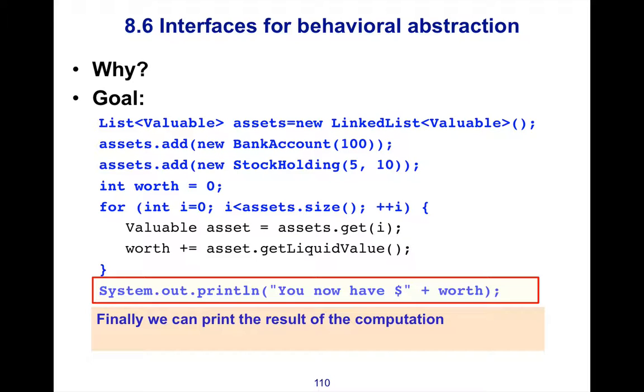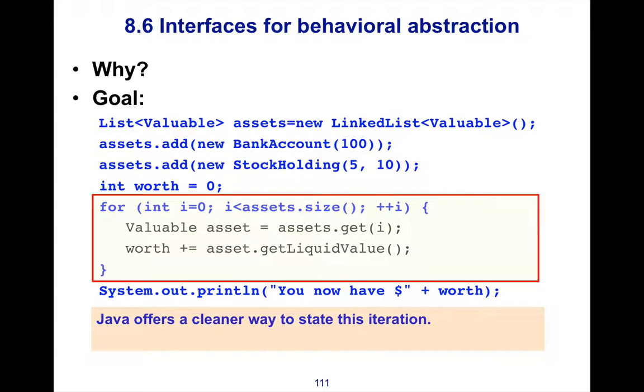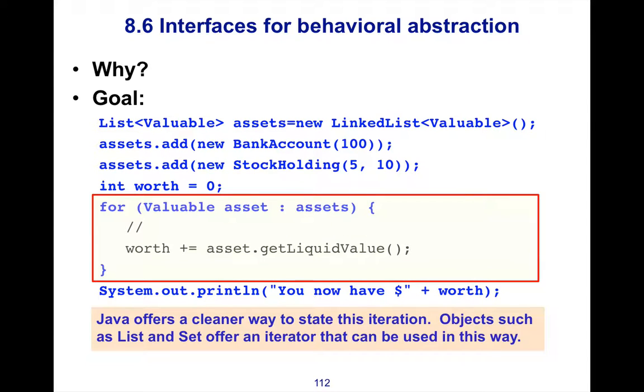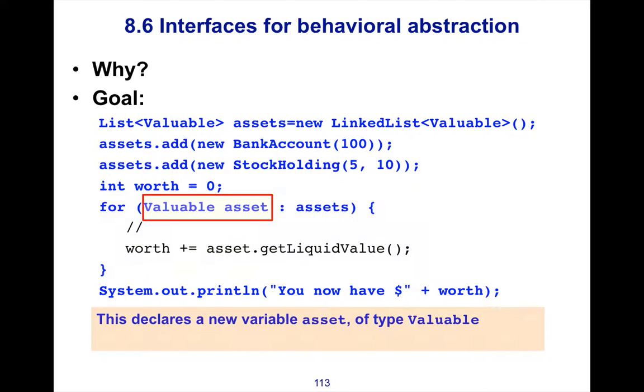Now it turns out Java offers us a cleaner way to think of this iteration. Instead of actually having to enumerate over the list, we can use the shorthand notation for each Valuable asset in the collection assets. And Java automatically generates the iteration code that we saw before for this. This reduces the code to simply the loop and a single statement, worth += asset.getLiquidValue().